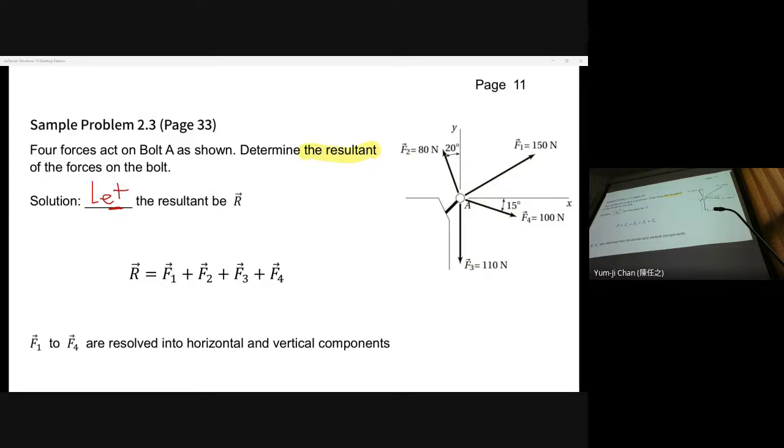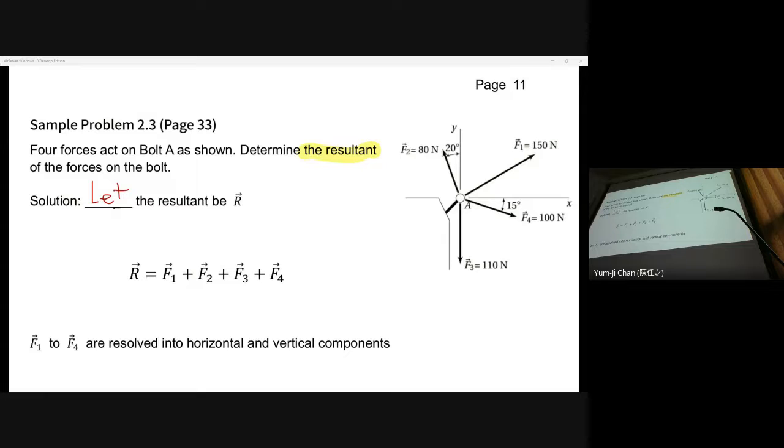There should be only one person, so I should put one space here. Now, of course, you know R is equal to F1 plus F2 plus F3 plus F4, right? How many forces do we have here? 4. So we cannot use sine or cosine or triangle, okay?